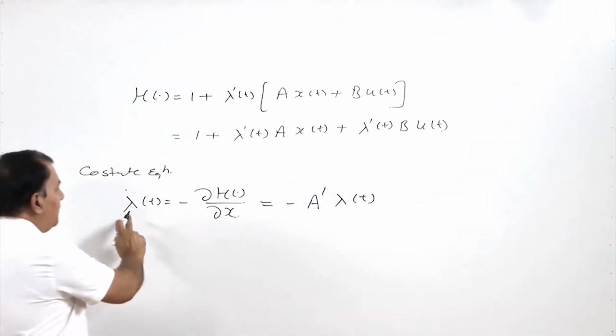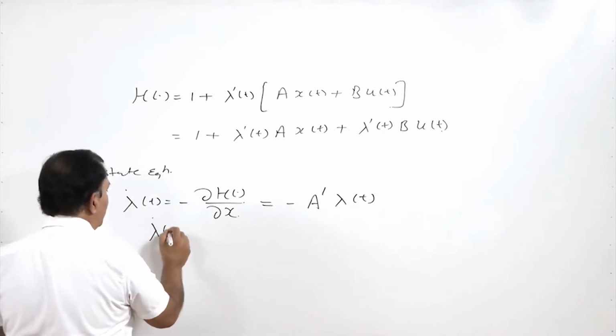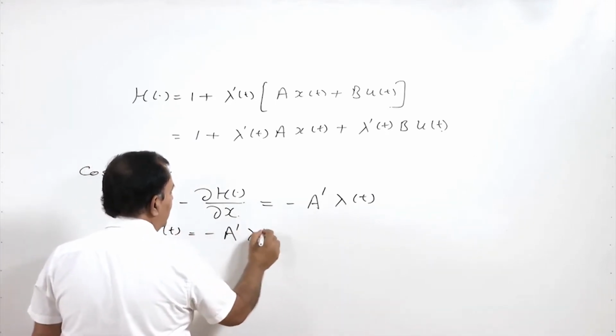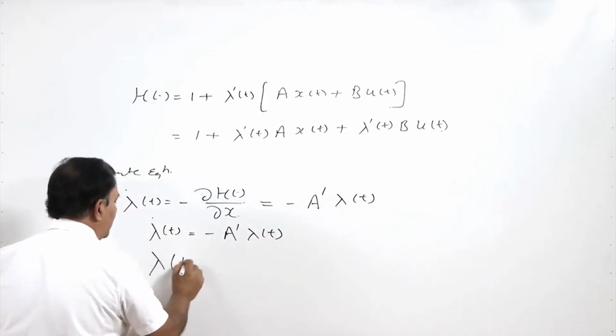So, it is a simple first order differential equation: lambda dot(t) is minus A transpose lambda(t). So, I can write what will be my lambda(t).